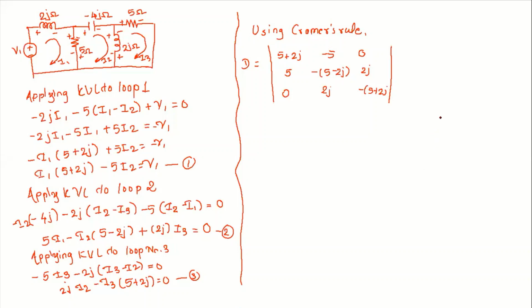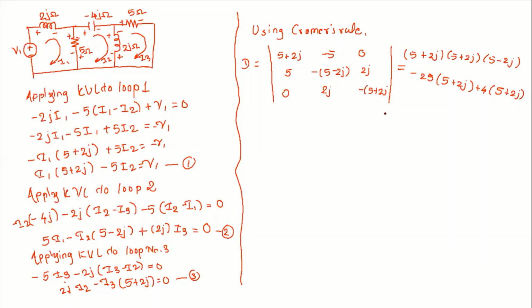So by applying the determinant rule, I'm going to solve this one. How can I solve this one? 5 plus 2j multiplied with 5 plus 2j into 5 minus 2j, minus 25 into 5 plus 2j, plus 4 into 5 plus 2j.